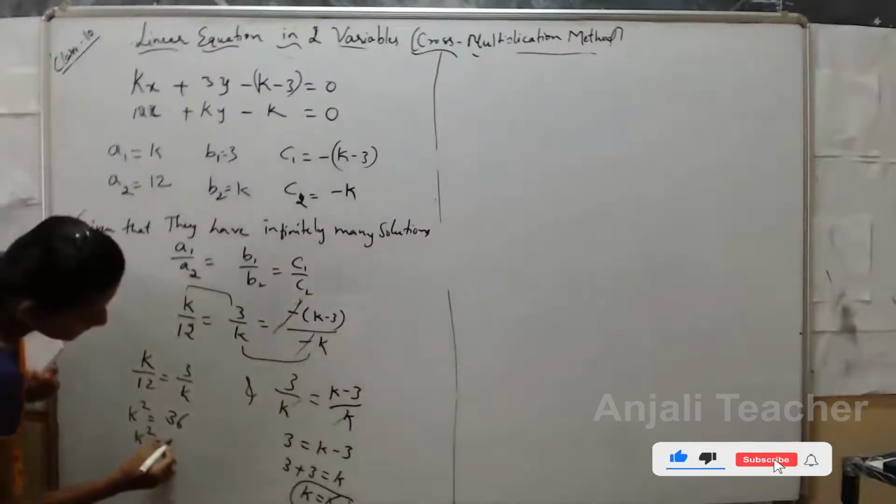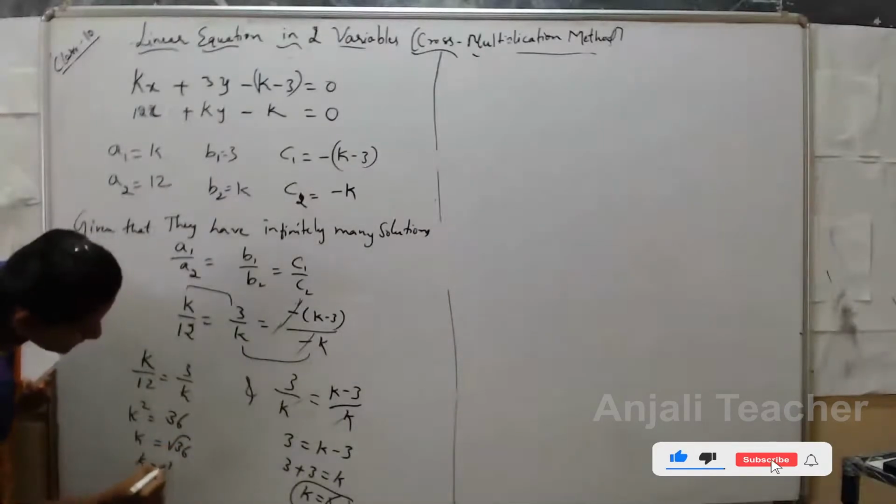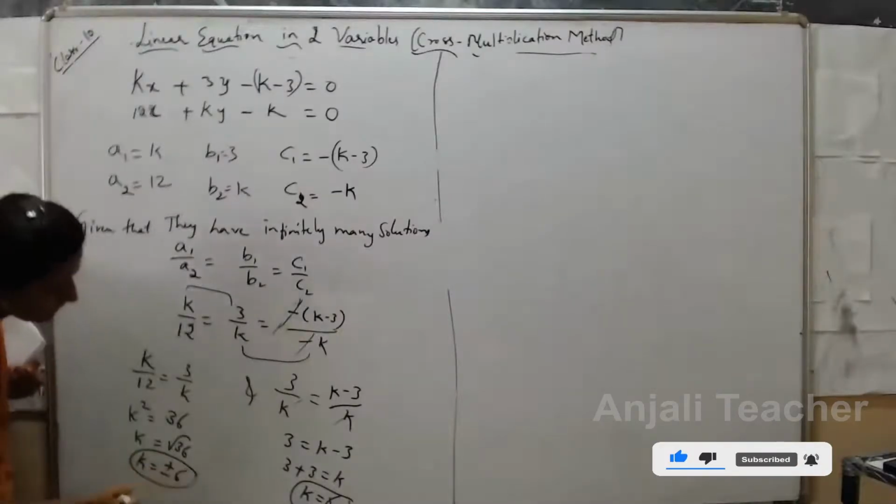K square is equal to 36. K is equal to root of 36. Therefore, k is equal to plus or minus 6.